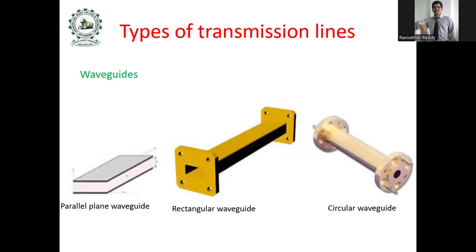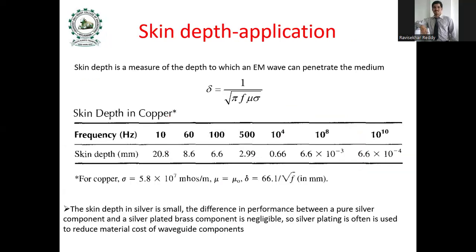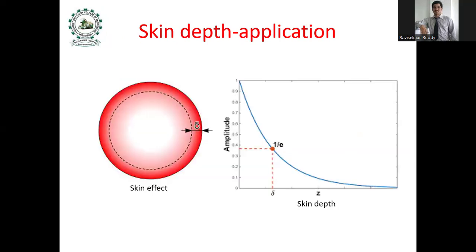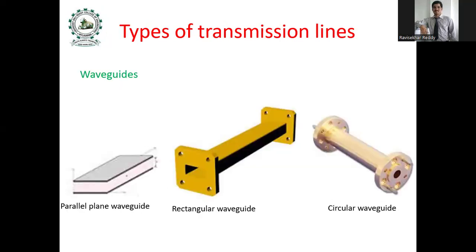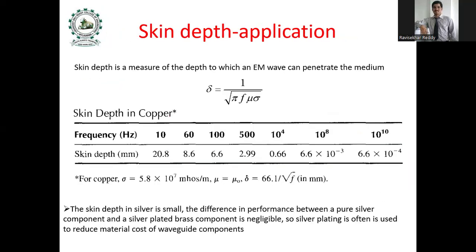So these are different waveguides. First one is the parallel plane waveguide, next the rectangular waveguide, next the circular or cylindrical waveguide. These waveguides are fabricated based on the skin depth concept.